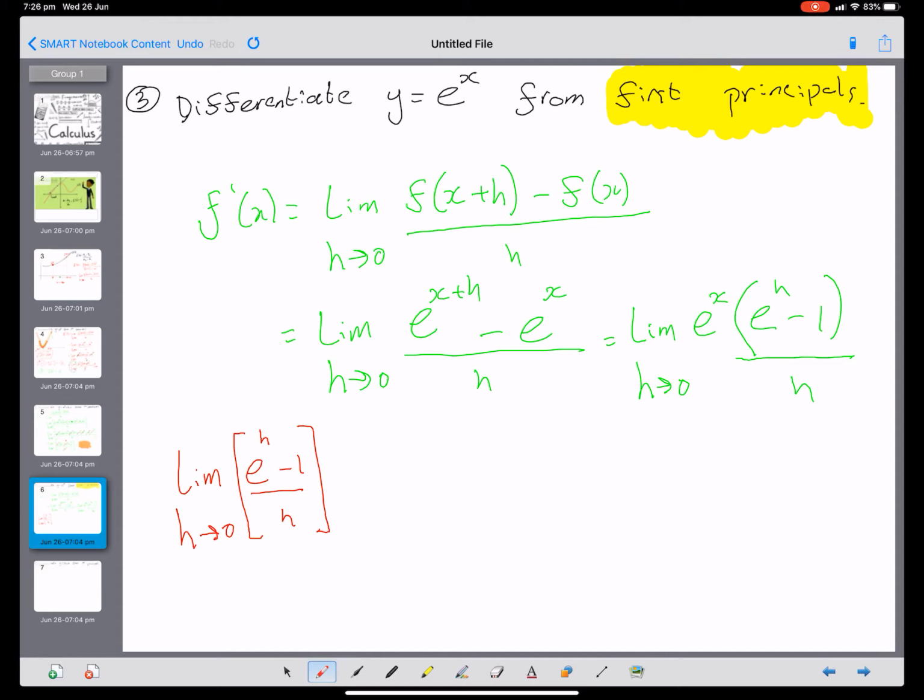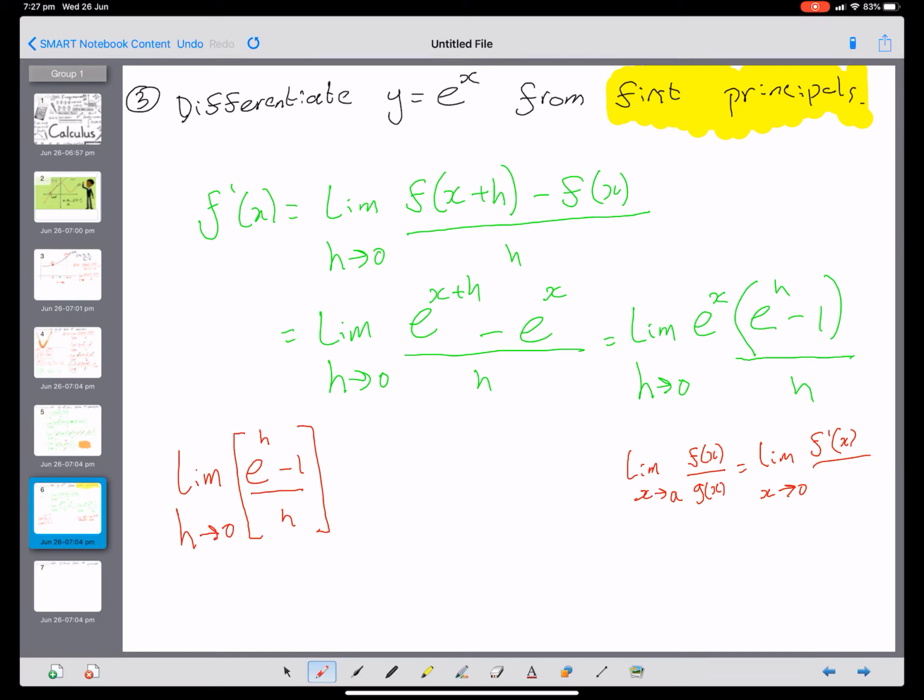Okay, now there's a special rule in maths when finding limits. It's called L'Hopital. And that says that the limit as x goes to anything, let's call it a, of f of x over g of x, is the same as if we differentiate top and bottom.